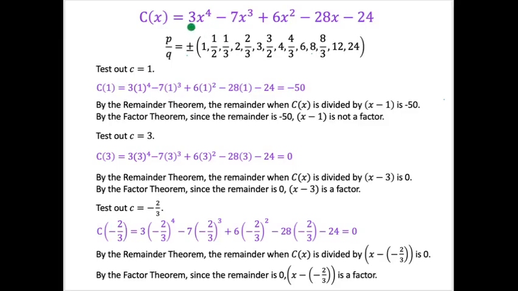But we can reduce this down to a quadratic. So I'm going to show you how to use synthetic division to do that so that you don't have to go through all the hassle of testing out all of your other possible positive rational roots. Like I said, we don't have any more negative ones, but all of the positive ones. So let's go ahead and do that.